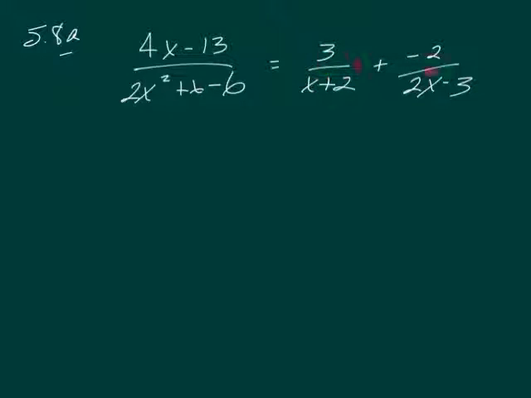So this is a partial fraction and this is a partial fraction. So the entire thing is called a partial fraction decomposition of the rational expression right here. So we're going to learn how to go from here, our rational expression, to making partial fraction decompositions.